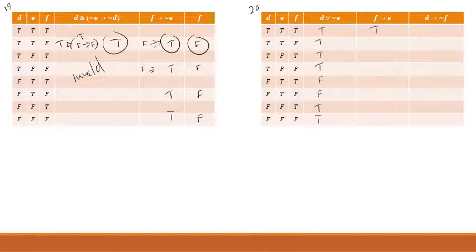So true, true, false, true, true, true, false, true. And then D arrow not F is going to be true everywhere except where it's true arrow false. So you get true arrow false here, and that means you've got an invalid argument. So all true premises and a false conclusion.